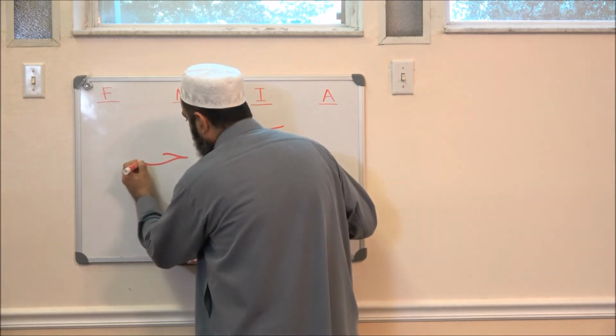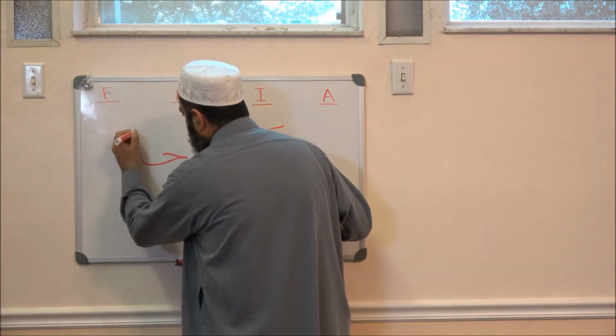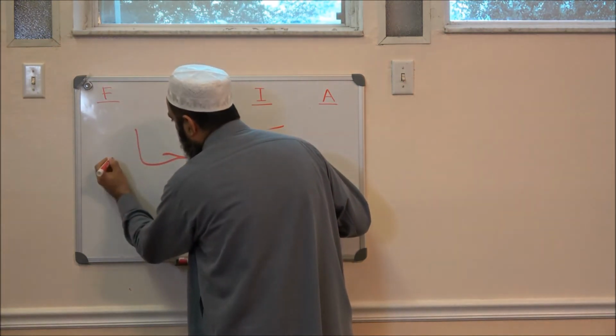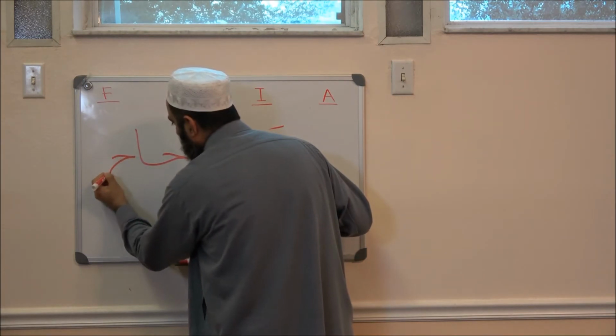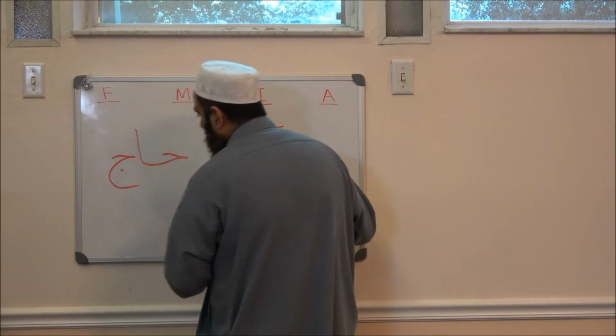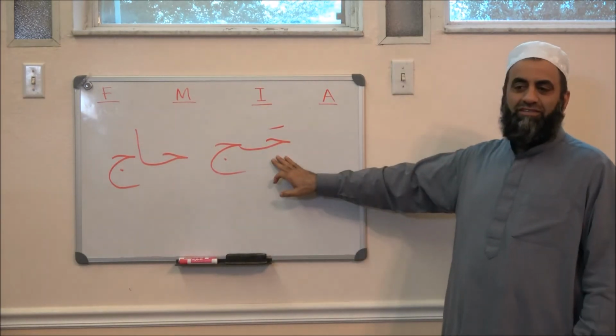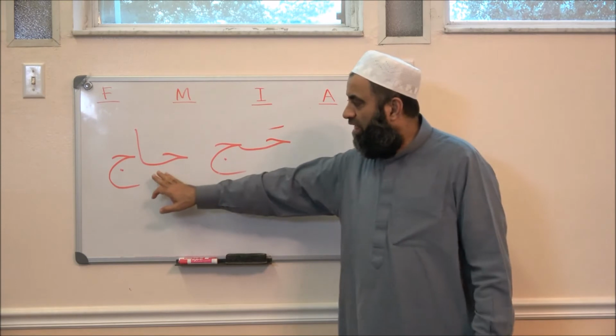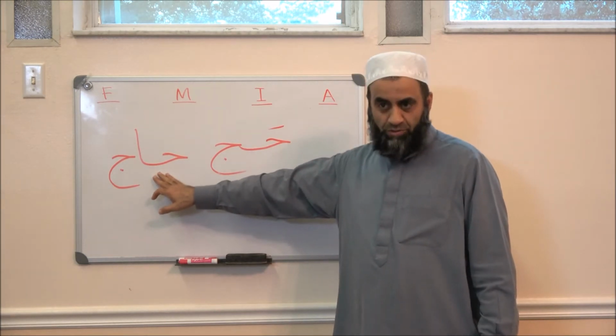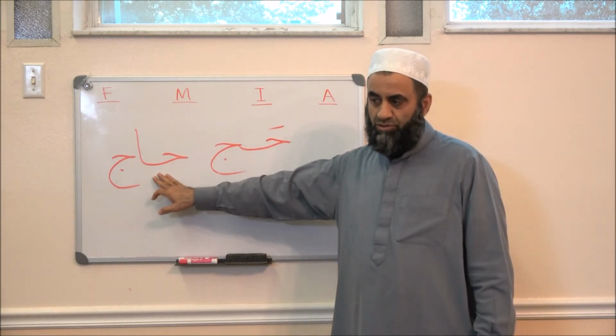Instead of using the small vowel, the short vowel, I'm using the long vowel. Hajj. So Hajj is pilgrimage. Hajj is the person who does the pilgrimage.